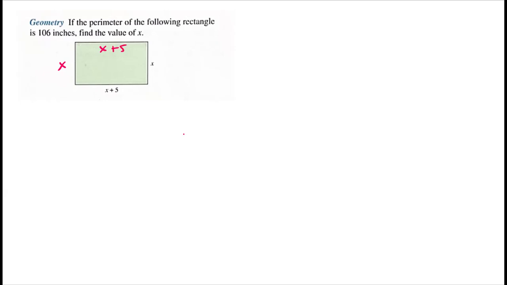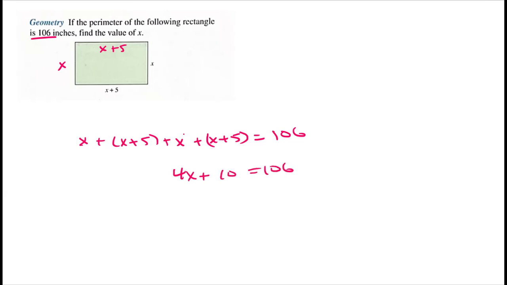Okay. And in order to find the perimeter, we just add up all the sides. So we have x plus x plus 5 plus x plus x plus 5. And what do they add up to? Well, they tell us that they add up to 106 inches. So now we just combine our like terms and then solve for x. So we have 4x, and then 5 plus 5 is 10, equal to 106.